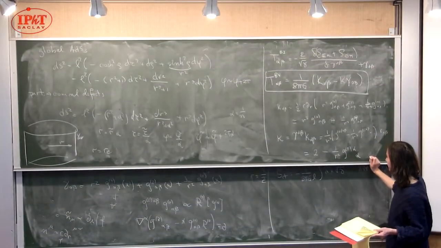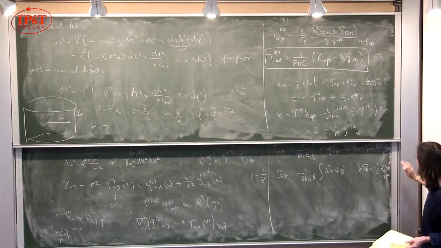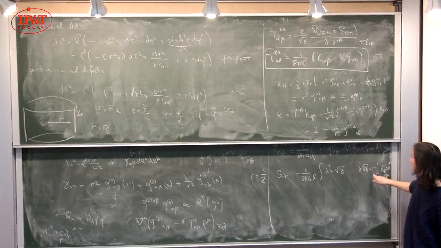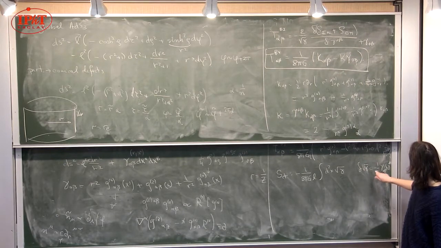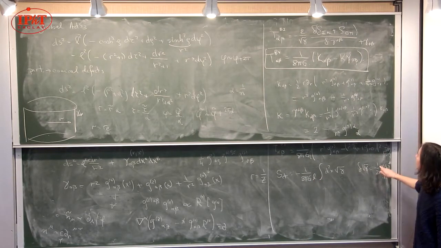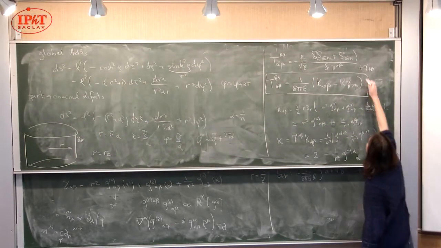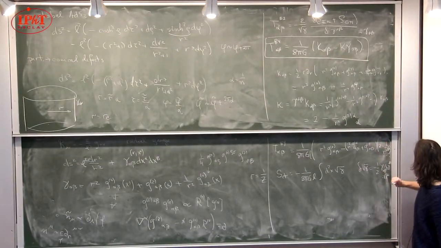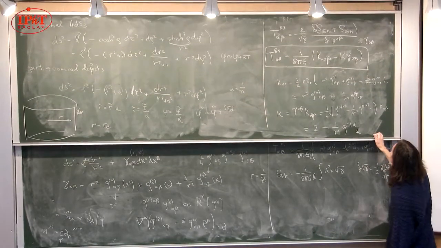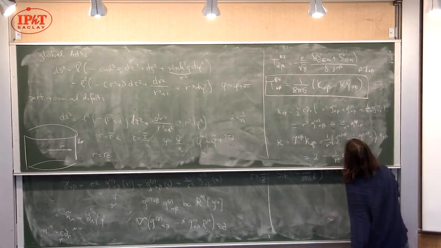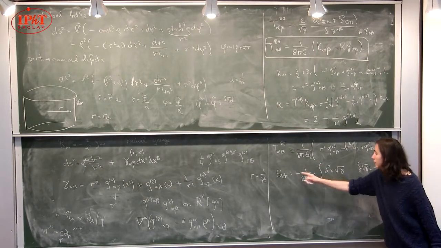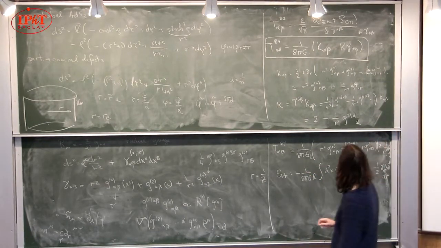I'm going to add a plus gamma alpha beta, and if it doesn't work out, it means I added the wrong factor. So the 2 goes into the definition of the stress tensor, and the minus with the minus gives me a plus. But there was an overall minus. Please figure out the sign because I missed it. But anyway, it's clear that up to a sign, this counter term will give you the correct stress tensor.